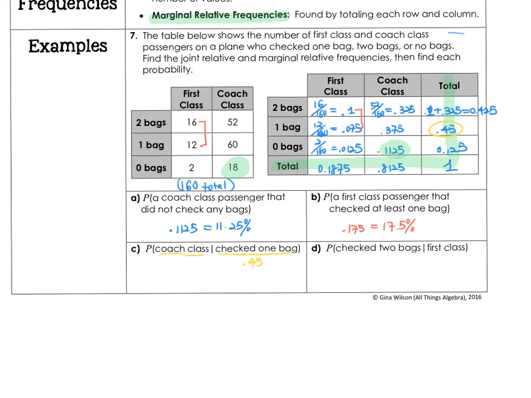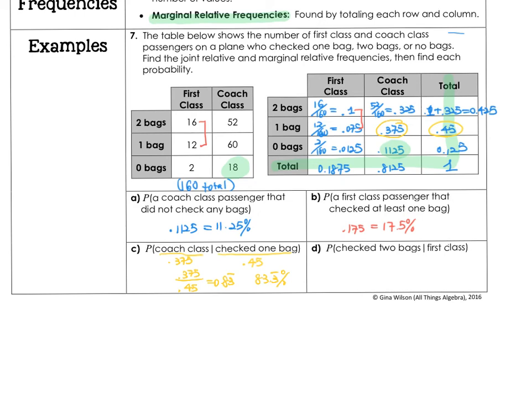And that's in coach classes, check one bag, that's that. So it's 0.375. So this is simply 0.375 divided by 0.45. You should have 0.83 bar. So it's approximately 83.3%.